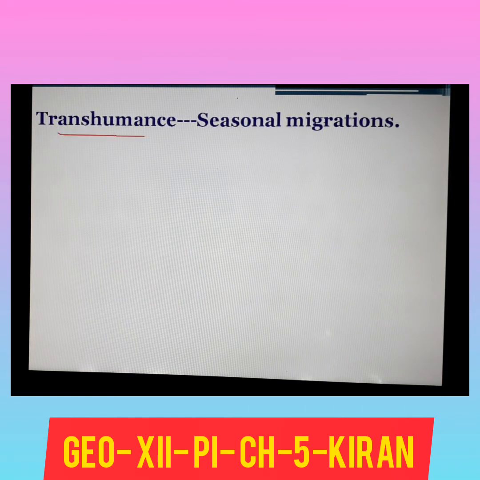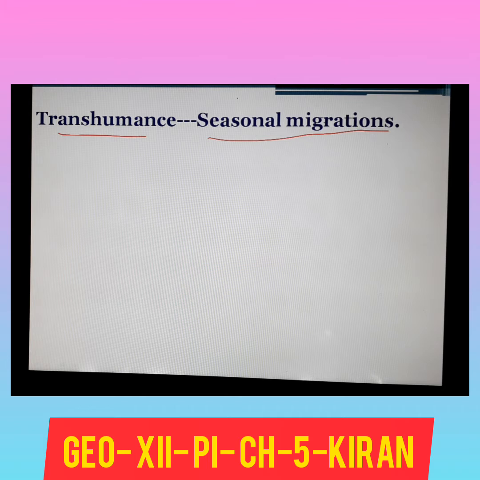In the next part we understand about transhumance. What is transhumance? It is the seasonal migration of herders from place to place according to the season. They go to one place in summer and in winter they come back to another place.